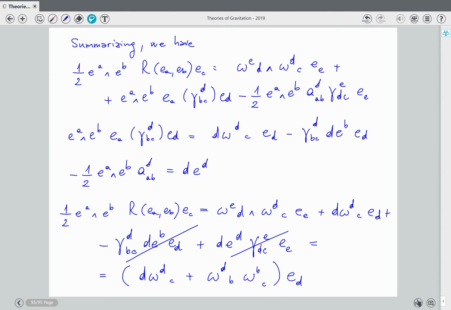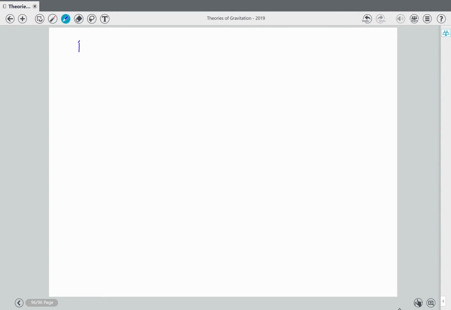So this we define, this is a two-form and a vector, and this we define as RDC ED, where R is just the two-form, the coefficients, and that is the curvature. So R AB is the omega AB plus omega AC omega CB.